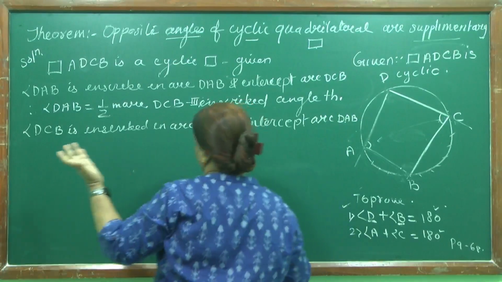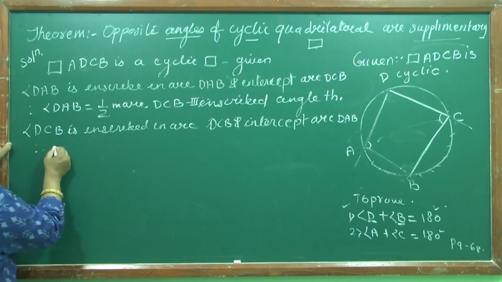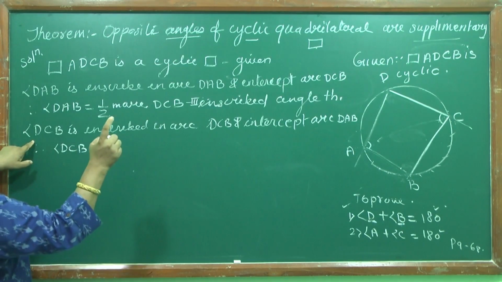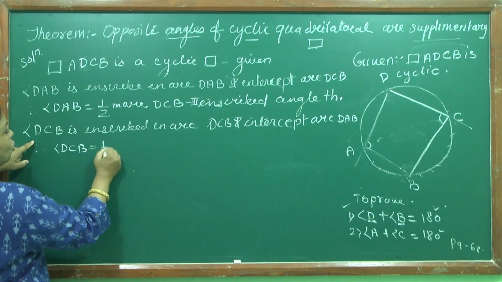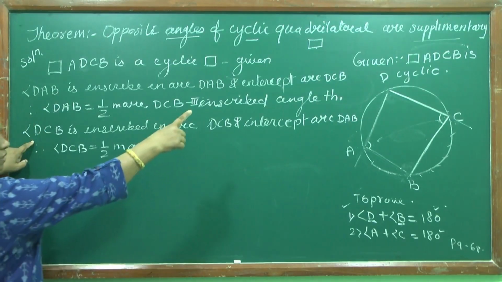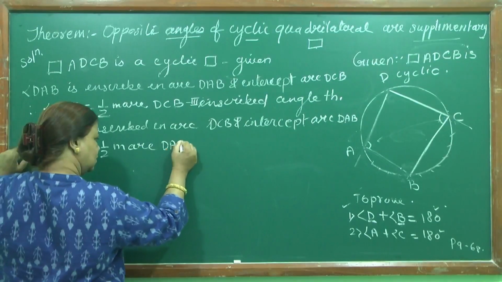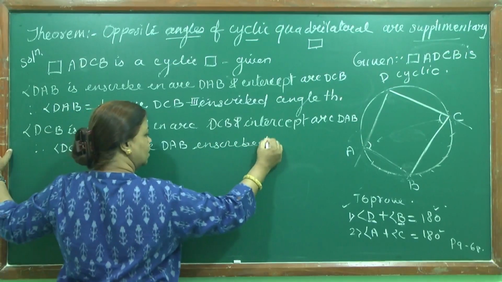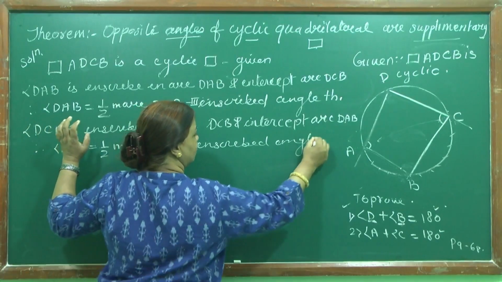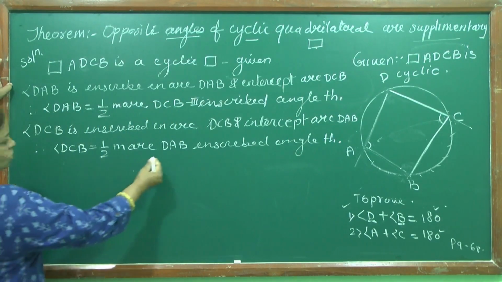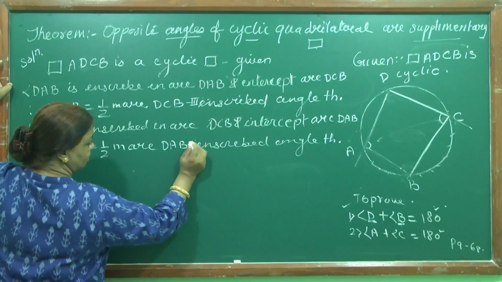Therefore, angle DCB is half of major arc DAB, and reason is inscribed angle theorem. Now this is your fourth statement.